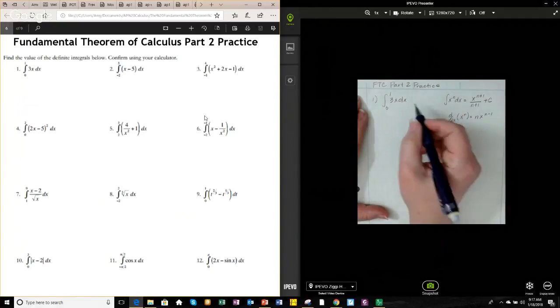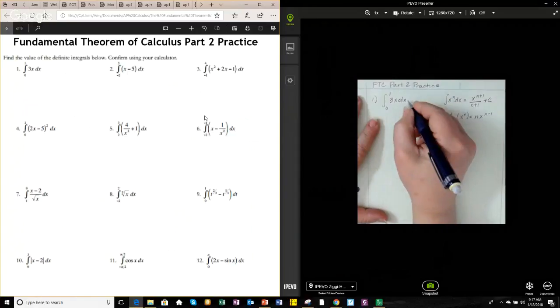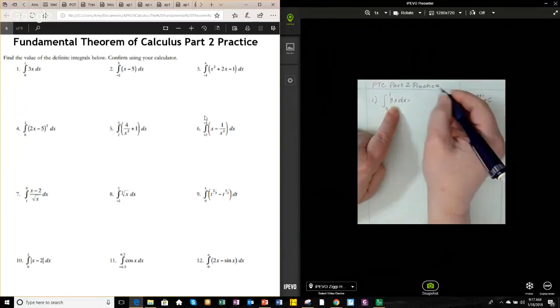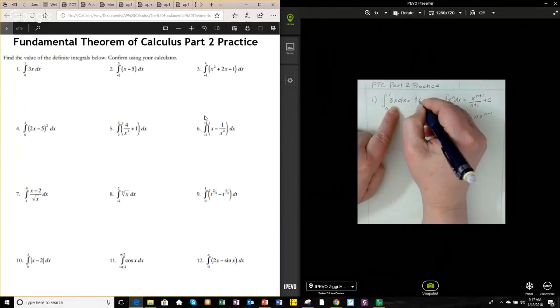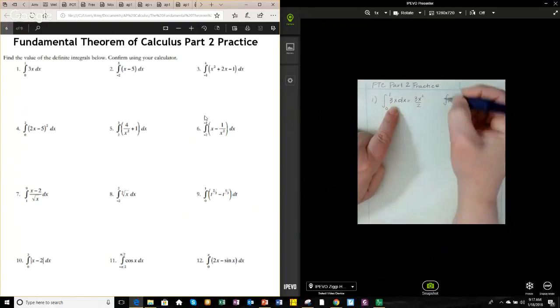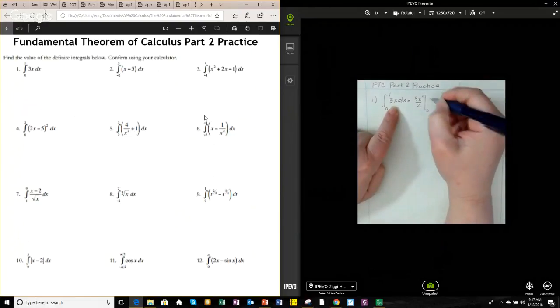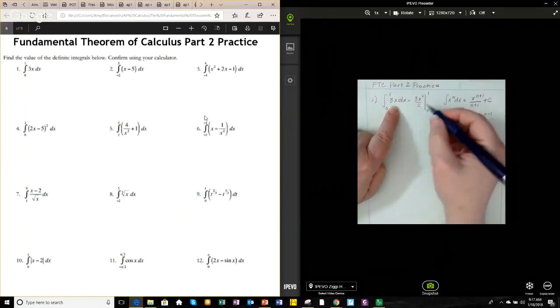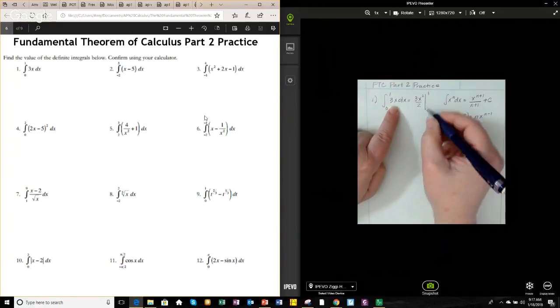Okay, so in this case right here, we are going to raise the power up. The power is currently 1. We're going to raise the power to 2 and divide by that power. So this is going to be 3x squared over 2 evaluated between 0 and 1. And we use the such that bar to show that we are going to evaluate this.